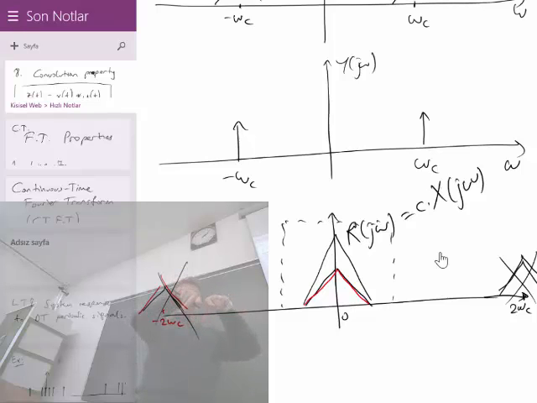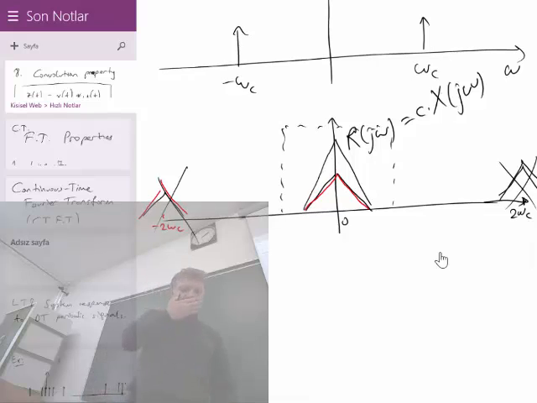The two triangles come on top of each other to form exactly the original triangular shape. And you have some extra coefficients. Those two coefficients are at minus 2 omega c and 2 omega c, which are very far away from the baseband. So you can just low pass filter the origin, and that corresponds to demodulation, radio reception.